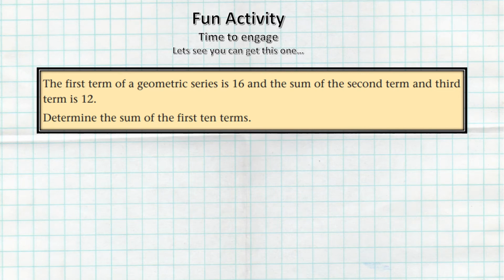The question says the first term of a geometric series is 16 and the sum of the second term and the third term is 12. Determine the sum of the first 10 terms. Pause the video and try it by yourself, and drop your answers in the comment section. Then we'll take it from there.